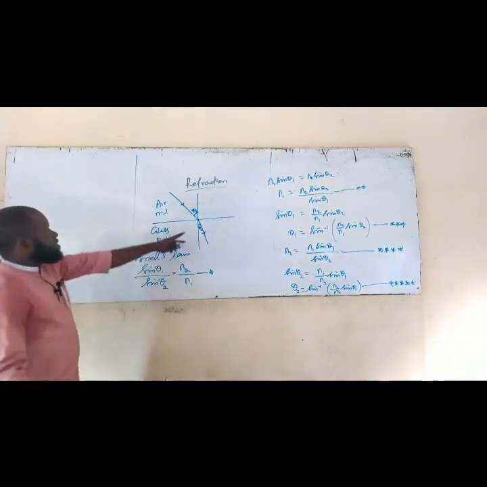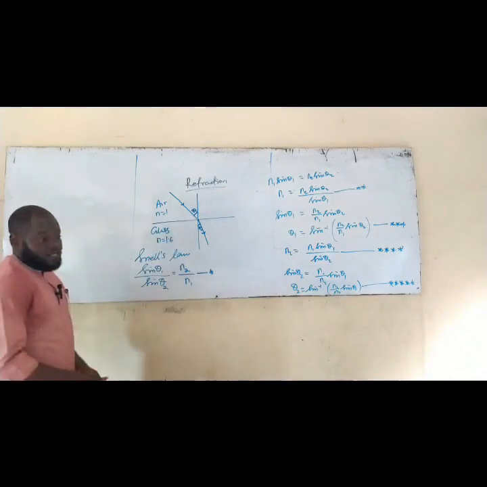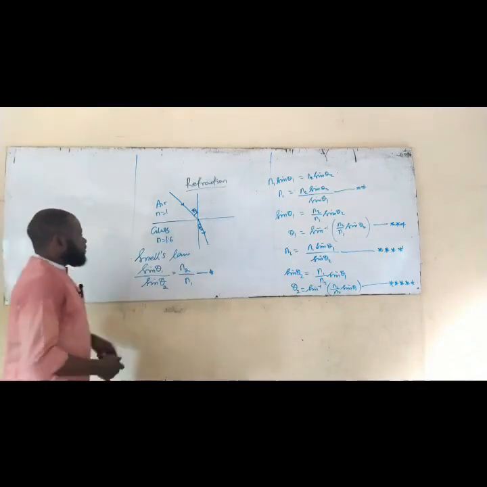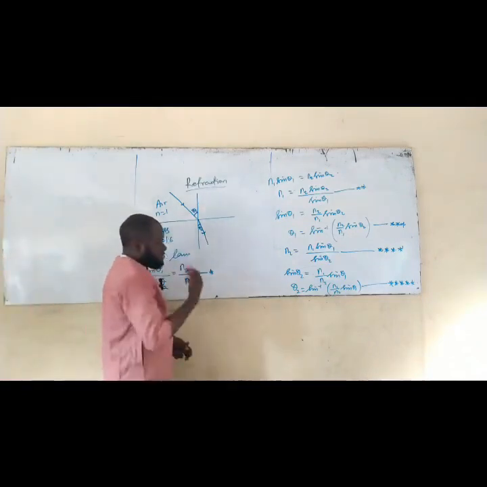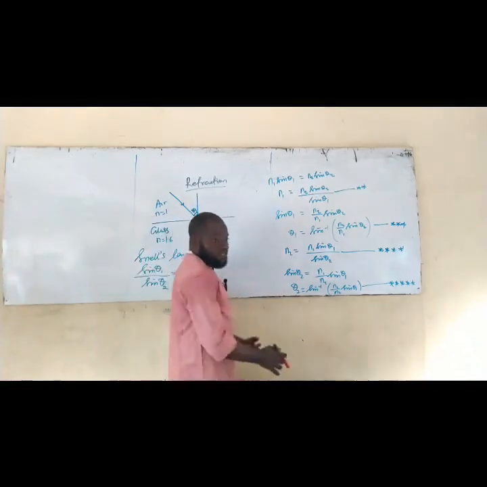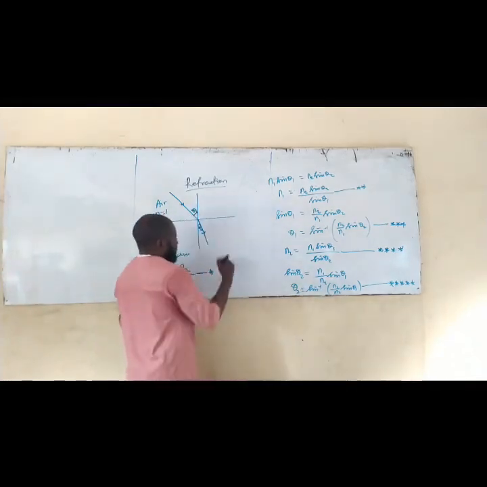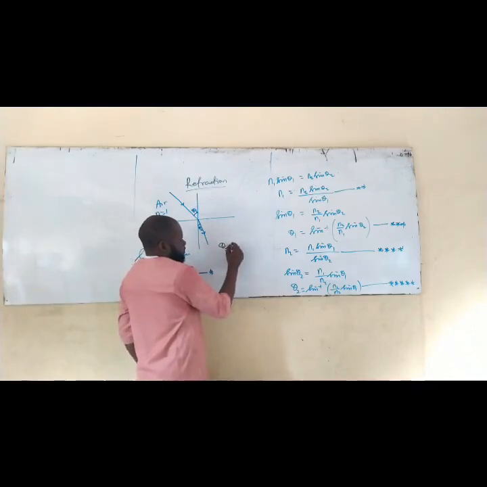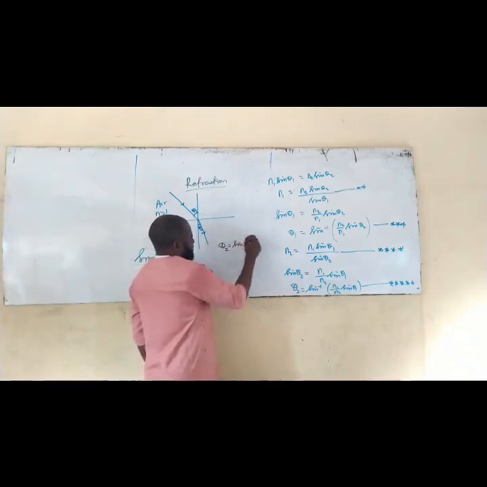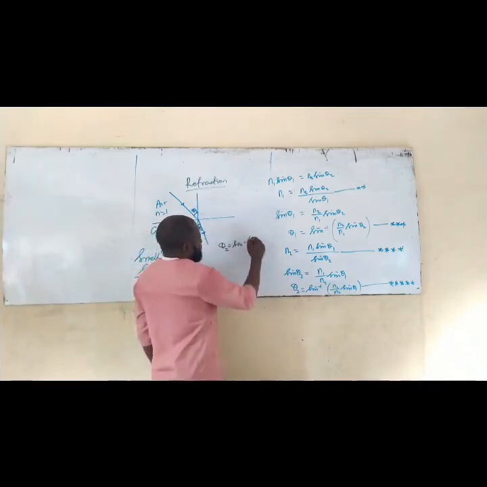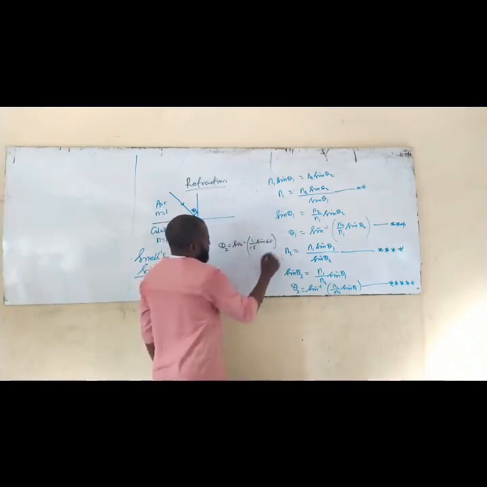Alright. So for example, if I give you that theta 1 is 60 degrees, you can find theta 2, isn't it? Just plug it into this place. Theta 2 is equal to arcsine of N1, which is 1, over 1.6, sine of 60.